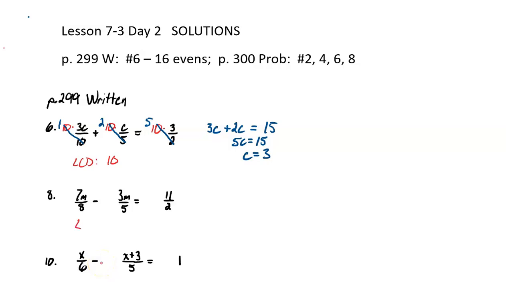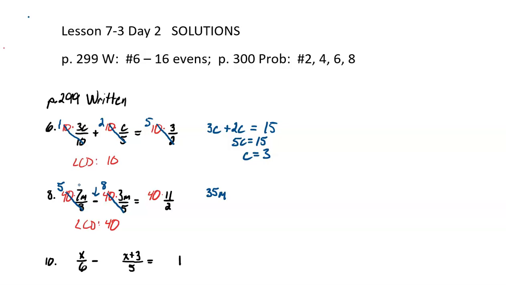Number 8. The LCD of these numbers is the number 40. Multiply them all by 40. Now cancel. 40 divided by 8 makes 5. 5 times 7m is 35m. 40 divided by 5 makes 8. In front of the 8 is a negative sign.